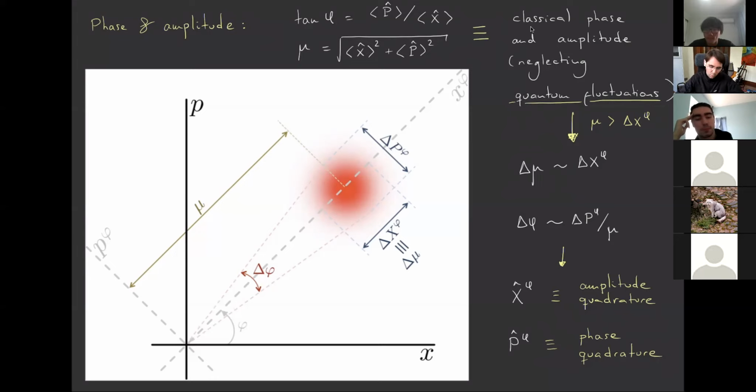But what's important is that once we are able of defining an amplitude and a phase, then we see that the fluctuations in the direction of the amplitude, or the fluctuations in the direction of the phase, okay, so delta mu and delta phi, these are related to fluctuations of some quadratures, x phi and p phi, that are defined with the phase of the oscillator, so the phase of the coherent state of the oscillator, and this we call the amplitude quadrature and the phase quadrature, because as I said, the amplitude fluctuations are directly proportional to the fluctuations or the uncertainty of the amplitude quadrature, while the phase fluctuations are proportional to the uncertainty of the phase quadrature.